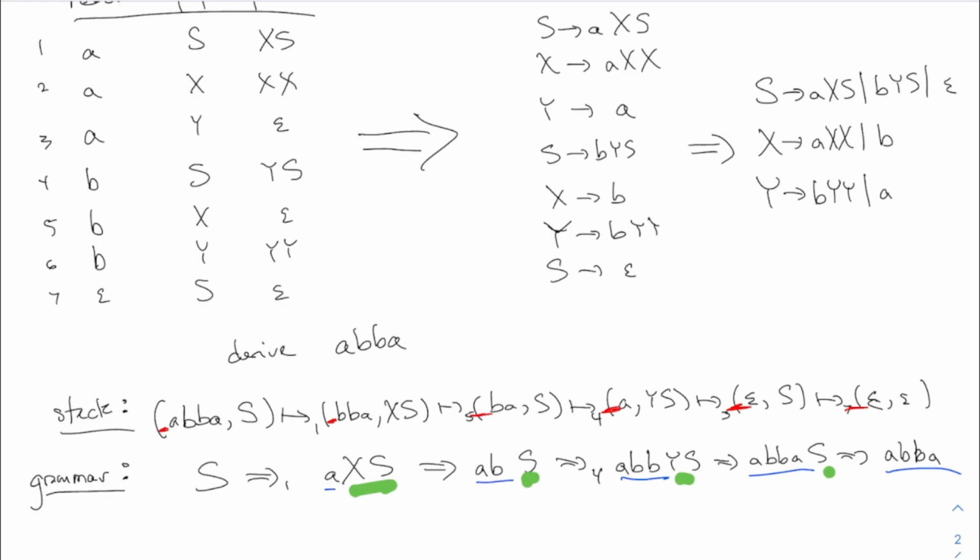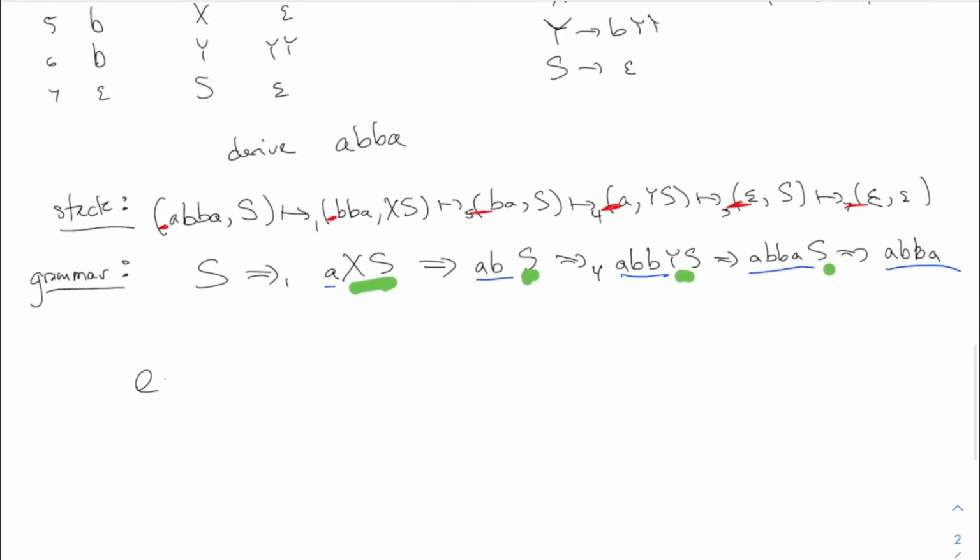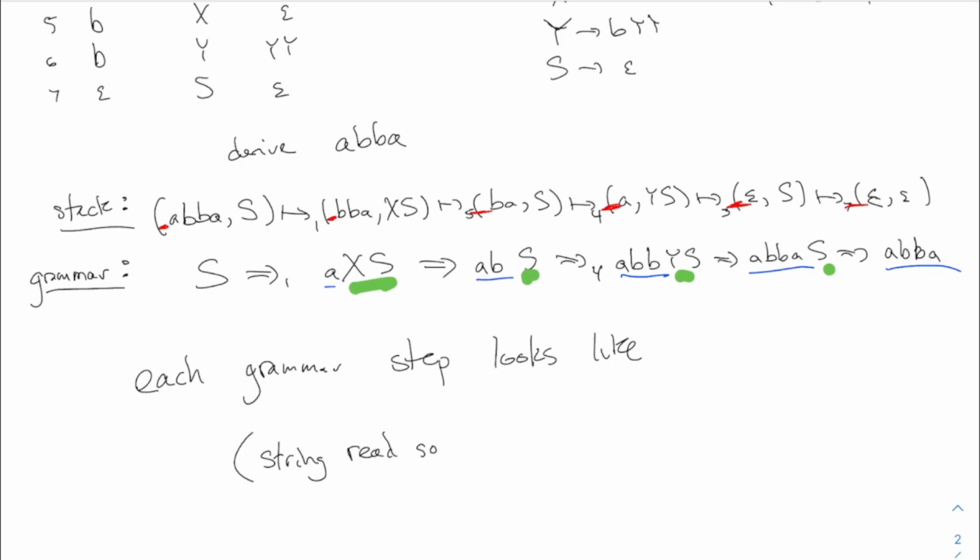So each grammar step looks like this: you have some part here, which I underlined in blue. This is the part of the string which is read so far. If you're thinking about the stack derivation, these blue parts are the same as what has already been read from step to step on the stack derivation.